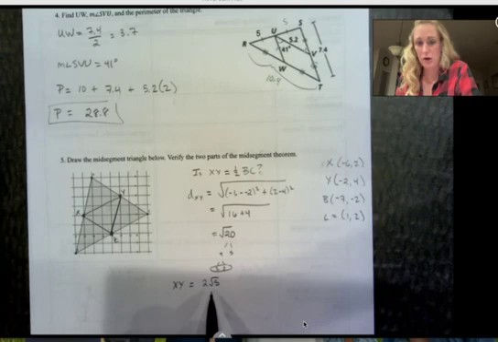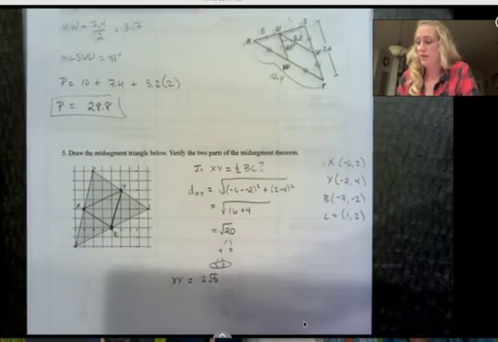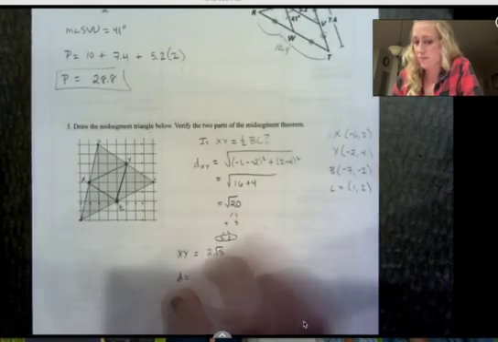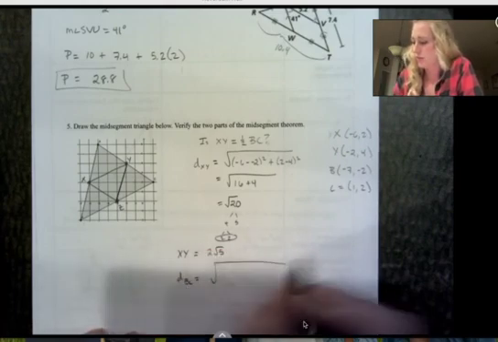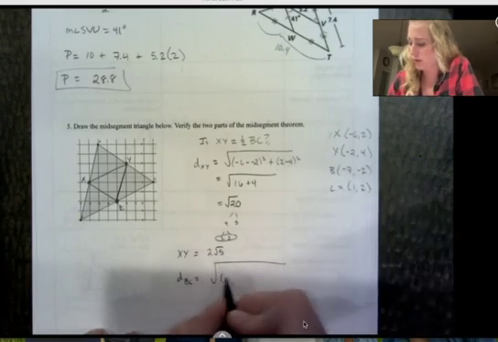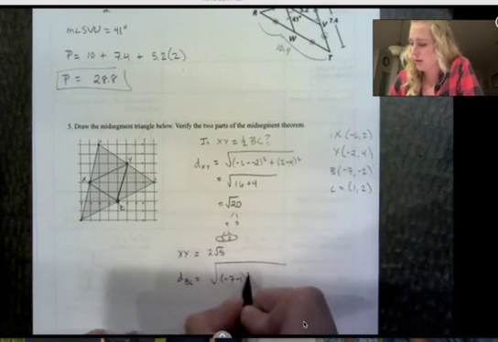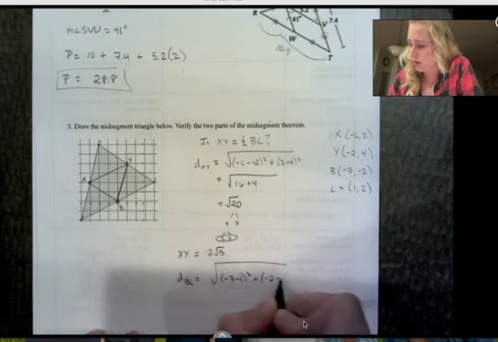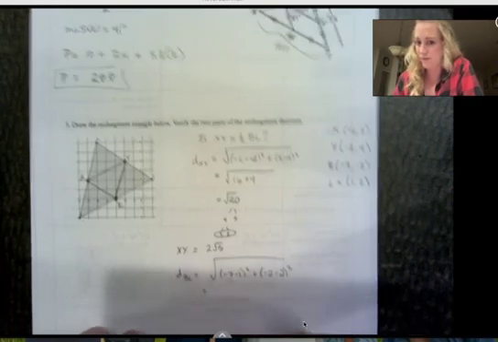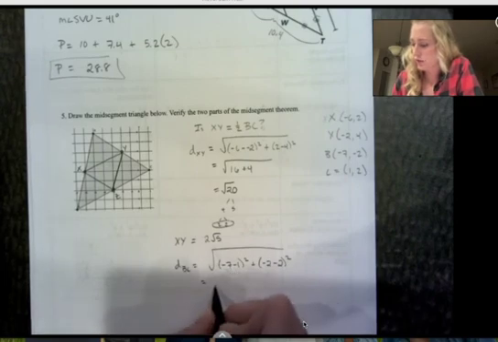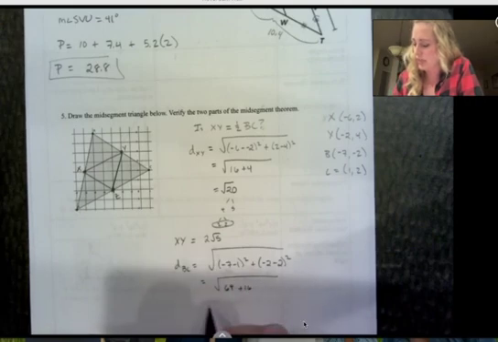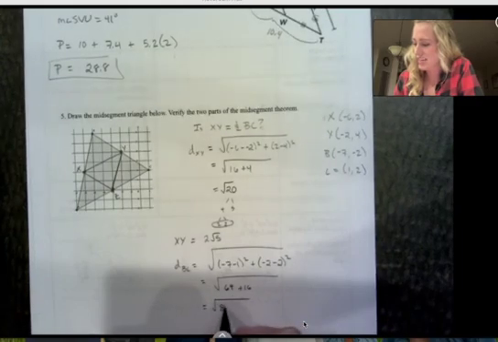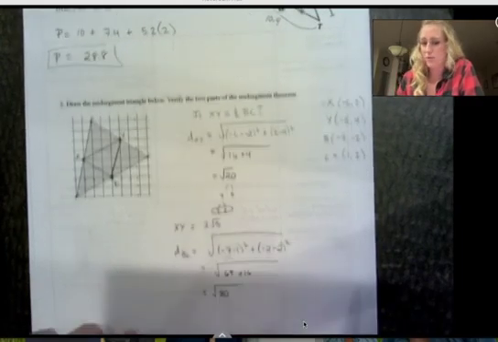All right, so we need to calculate now BC. So the distance from B to C, use those coordinates now in the distance formula. So x minus x squared plus y minus y squared. So I get -8 squared, which is 64. 4 squared, which is 16, which is 64 plus 16, 80, square root of 80. Okay, so again, break this guy down.